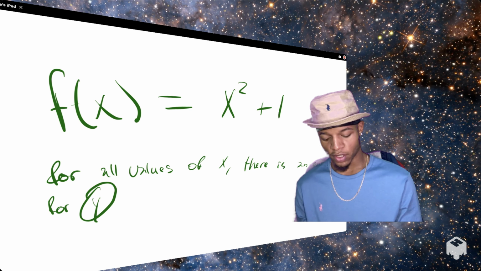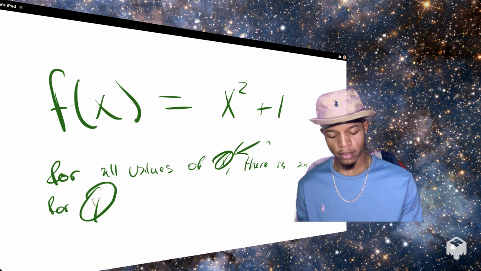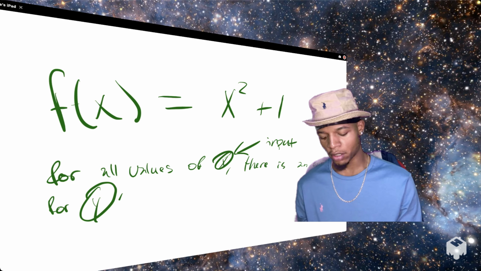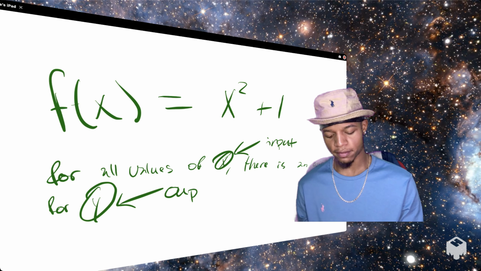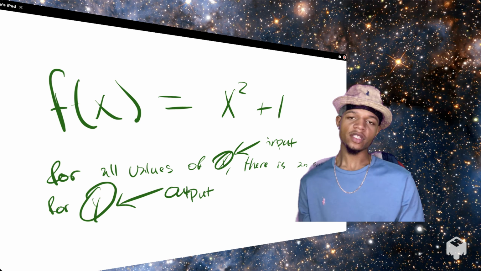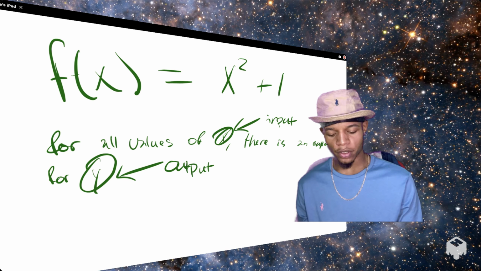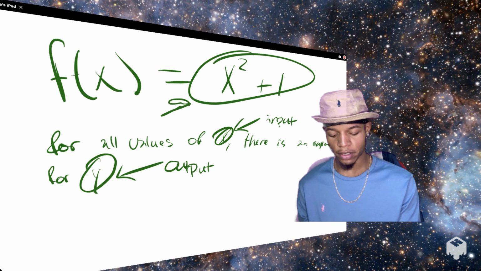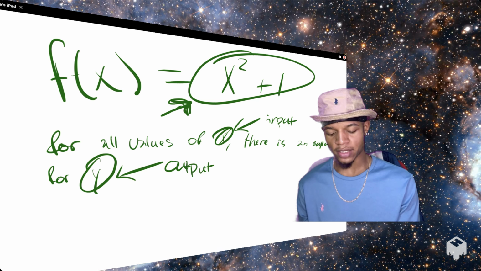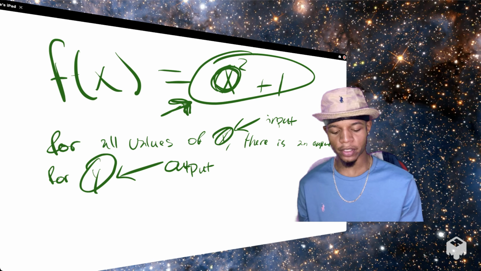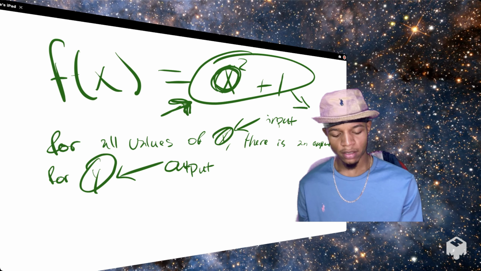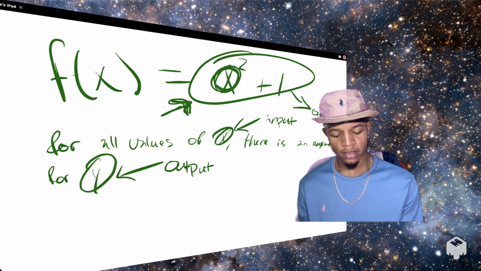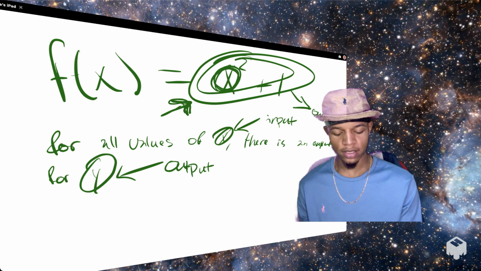So x is our input and y is our output. In between the input and output, there's a processing step. The processing typically happens on the input, and then the output is what was processed.